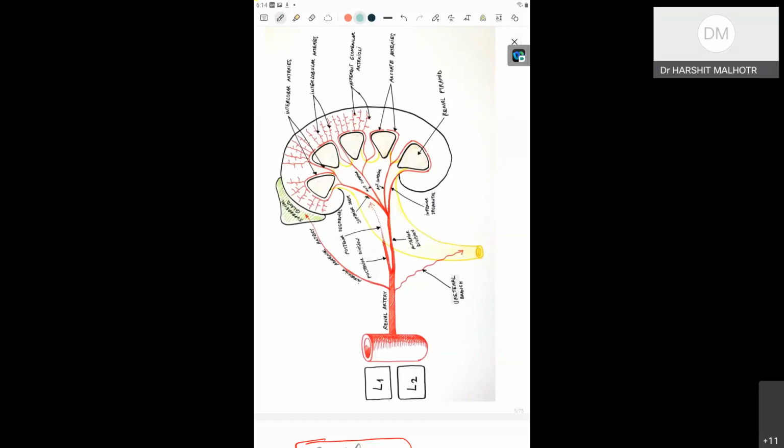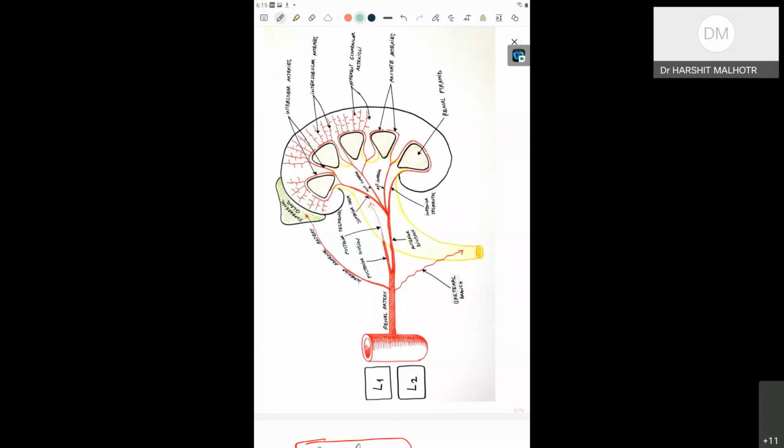Further, these segmental arteries go across the renal pyramid, and they're known as arcuate arteries. But mind that there is still not any anastomosis in between them. They just run across the renal pyramid. Further, they give the branches known as interlobar branches and then interlobular arteries, which have afferent glomerular arterioles, which are actually where the anastomosis takes place in between the two.